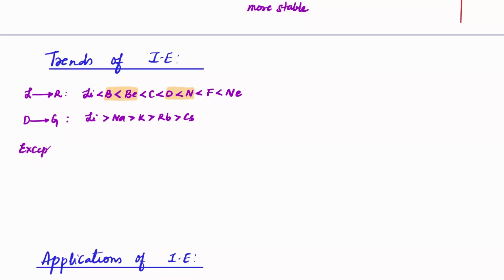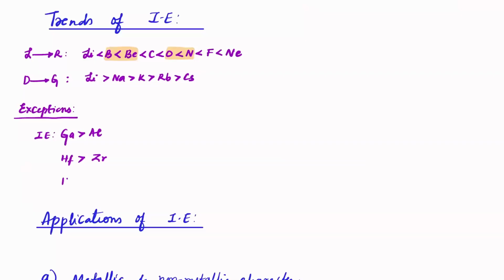The exceptions you will find here are ionization energy of gallium being greater than aluminium because the size is lesser, hafnium being greater than zirconium, and mercury being greater than cadmium. Gold is greater than silver, all because of lanthanoid contraction in these cases.